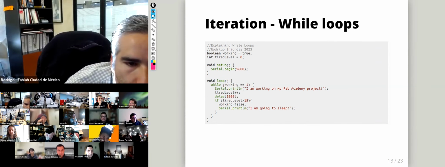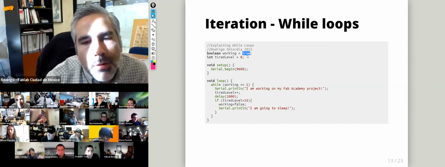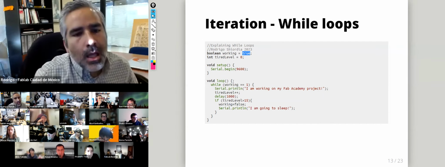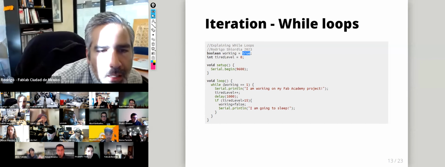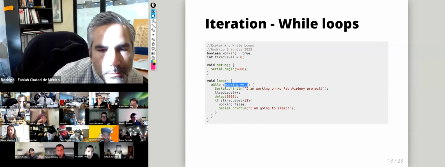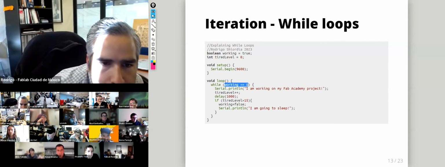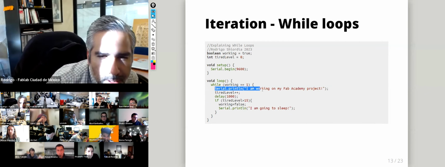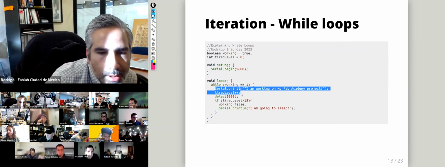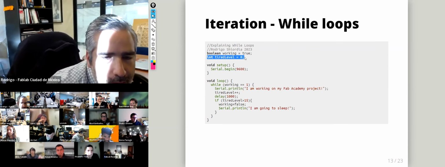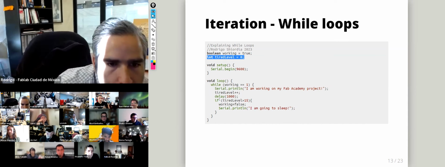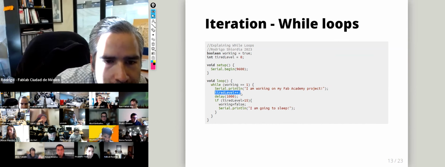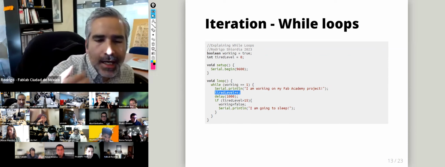So for example, what I'm doing here is creating a Boolean called working, and I'm assigning it to true, which is 1, right? And here I'm saying while working is true. This is what that means. You will do all of this, okay? So you will print, I am working on my Fab Academy project, and I created a tired level variable here. And if I'm working, then I'm getting more tired, right?